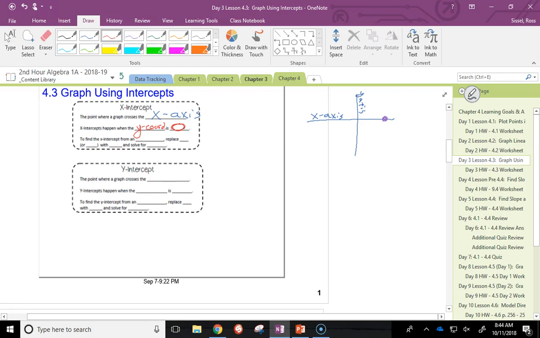To find the x-intercept from an equation, I want to make sure I'm saying this right. I don't have my notes in front of me. Good, I am. All right. From an equation, which is what we are going to look at today, replace the y with 0 and solve for x.